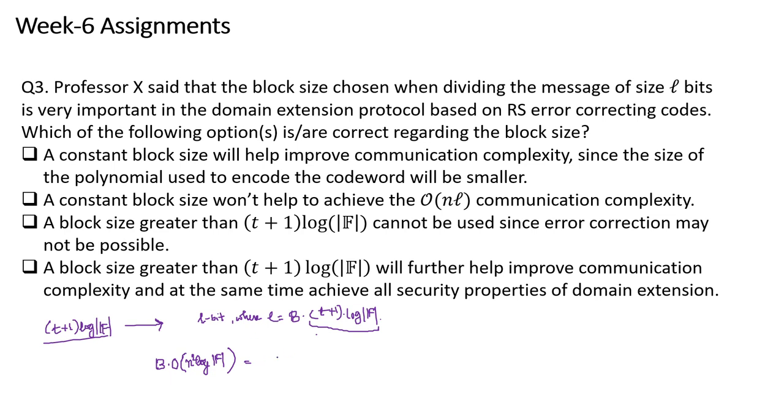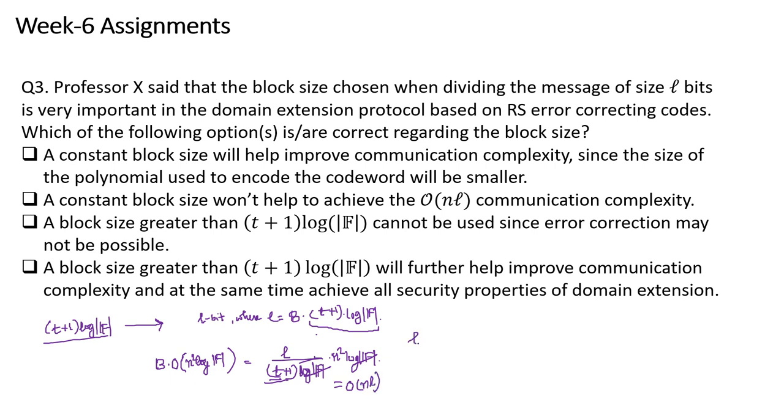Since B is nothing but L by block size, which is log f in our case, replacing B with L by block size into the complexity n square log f, and t is order of n, so one n could be cancelled and log f is cancelled, so we could write this as order of nL.